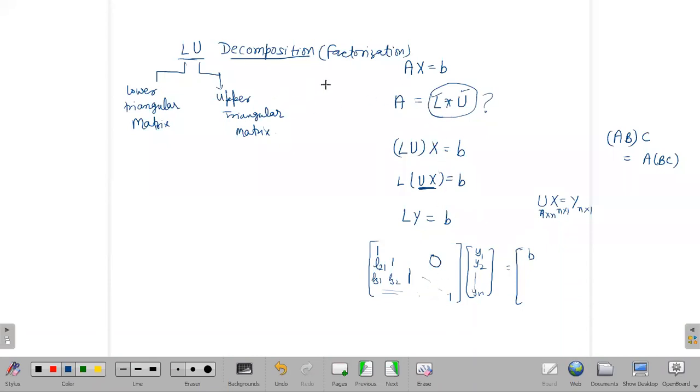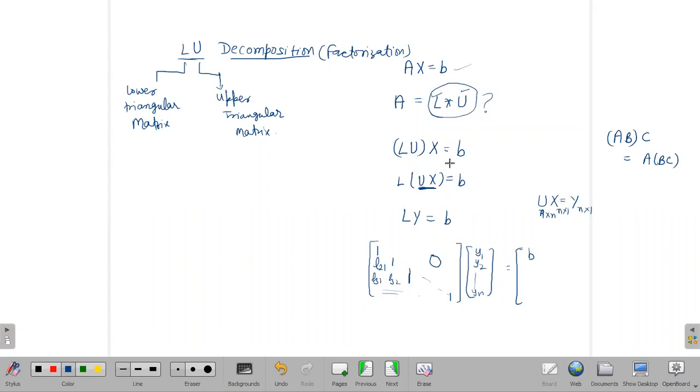Actually, what we do in LU decomposition: suppose this is the given system of linear equations, AX is equal to B. Decompose means you have to write this matrix A as the product of L into U, two special kinds of matrices. L is a lower triangular matrix and U is an upper triangular matrix.